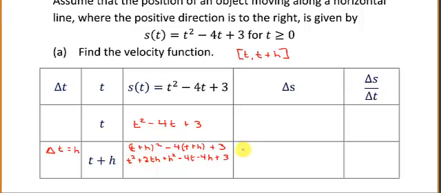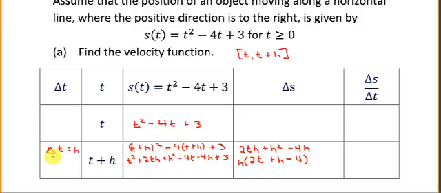I have 2t times h, then plus h squared. Then I have a negative 4t, and I'm subtracting a negative 4t, so those go out. I have a negative 4h. And then I have a 3 minus 3, so those go out. And we're left with this. I'm going to take out a common factor of h. So I have h times the quantity 2t plus h minus 4.